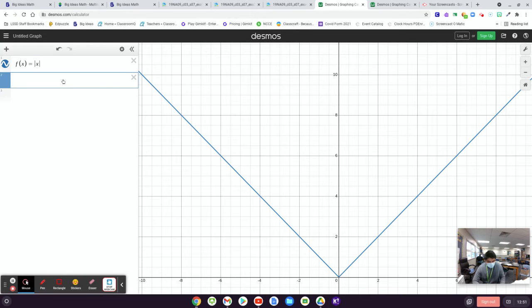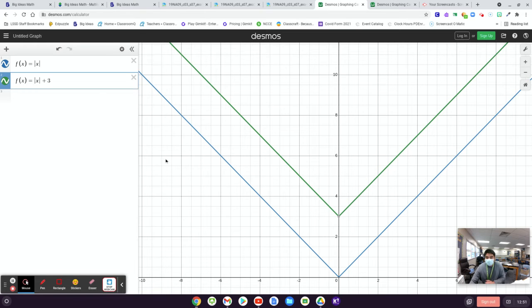Instead of the absolute value of x, it's the absolute value of x plus 3. So that transformation is going to be up 3 units. You take your parent function, and it's translated up 3 units.